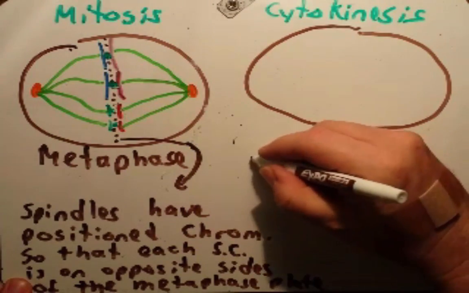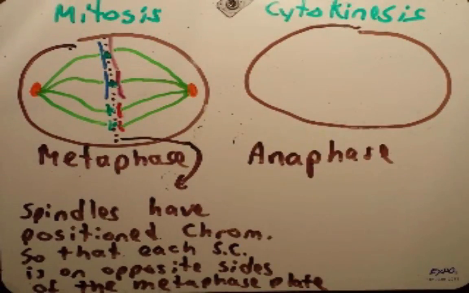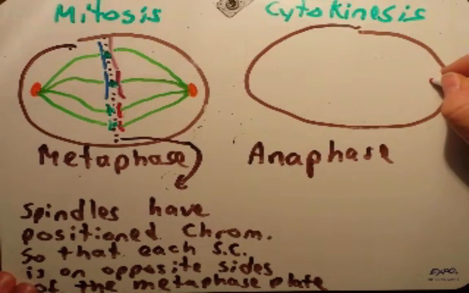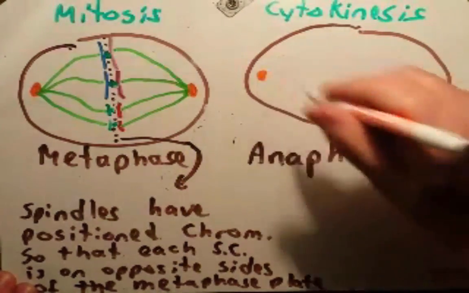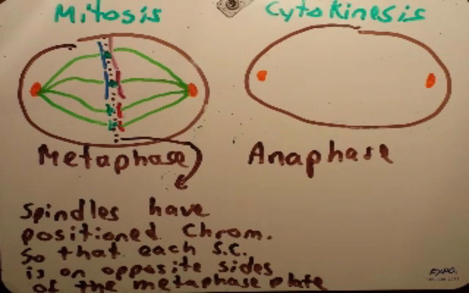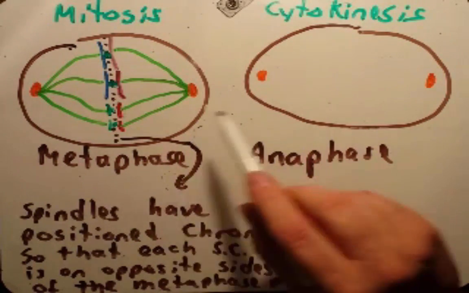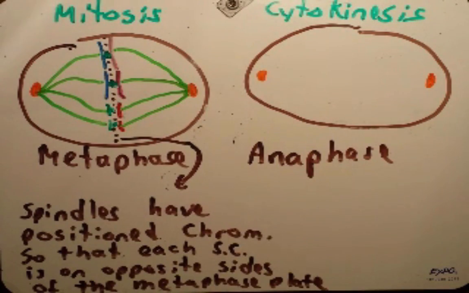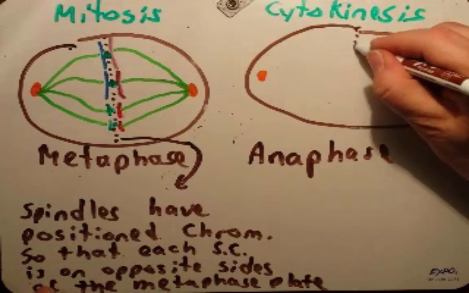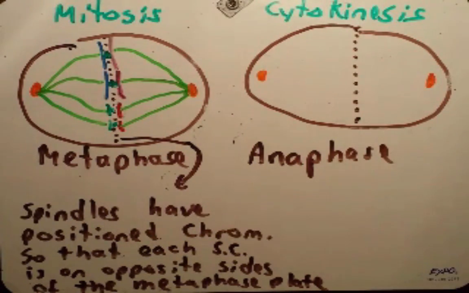So what happens next is anaphase. And in anaphase, our spindle poles, here and here, begin to pull apart the chromosomes. They begin to separate these two sister chromatids from each other. I'm going to go ahead and draw the metaphase plate again, just for a landmark for us.